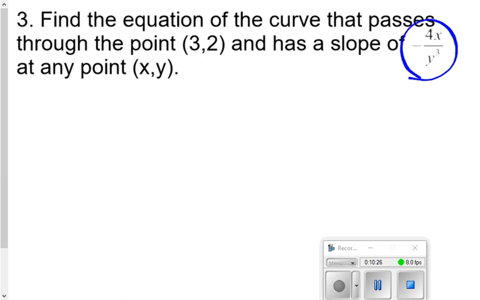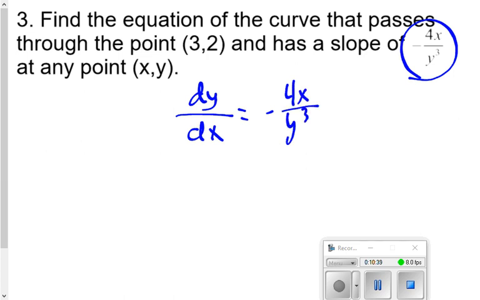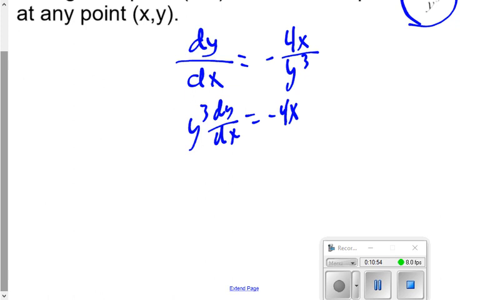So if it's a slope at any point, at any one point, so dy dx, remember, derivative is slope at any one point. I rewrite it like that. Now I want to separate my variables, so I multiply both sides by y cubed. Then multiply both sides by dx.